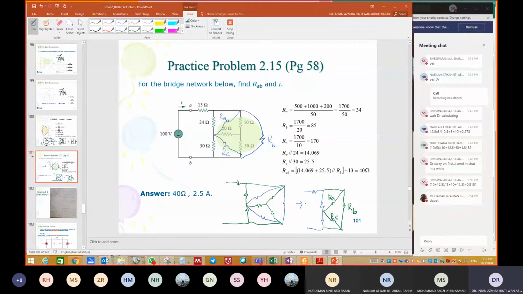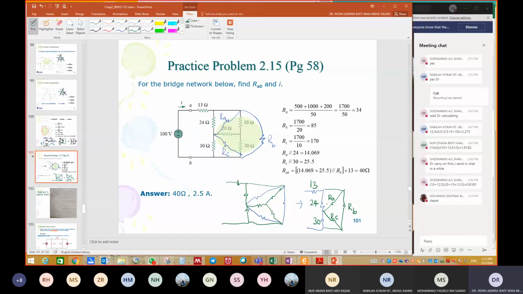What is this? 24. This is 13. 30 here. So now we know that 24 is parallel with RA. RA parallel with 24, we get 14 here. And then 30 parallel with RC. RC parallel with 30, we get 25.5 here. And then we have RB here.